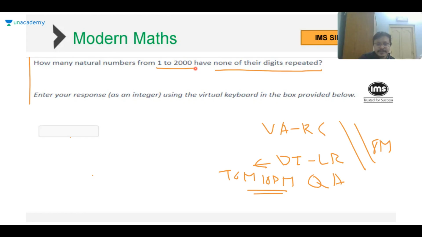So it's always better to attempt MCQ questions first before going into theta questions. Others? Anybody else answers?